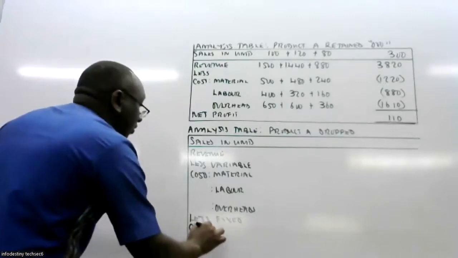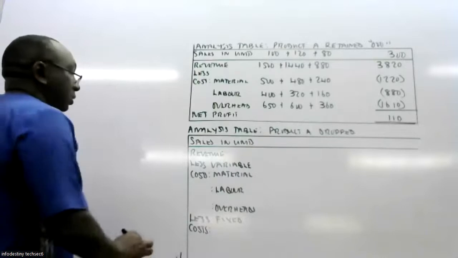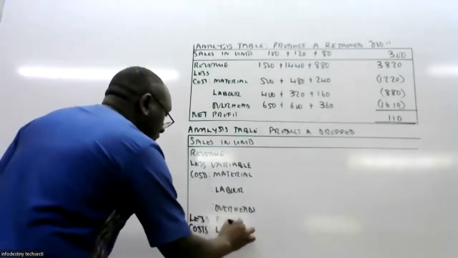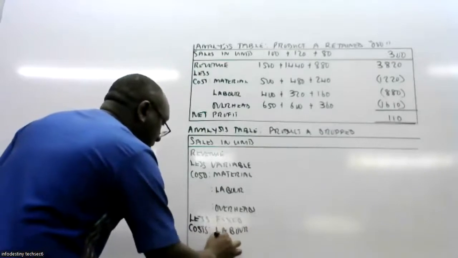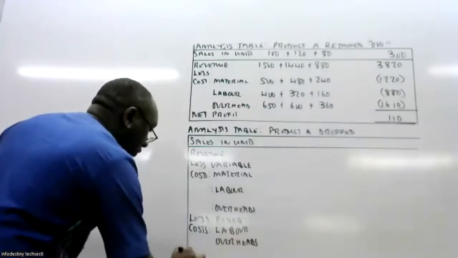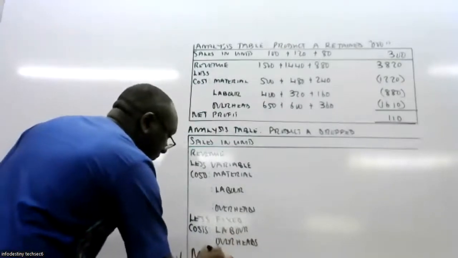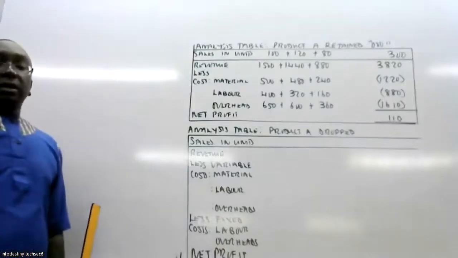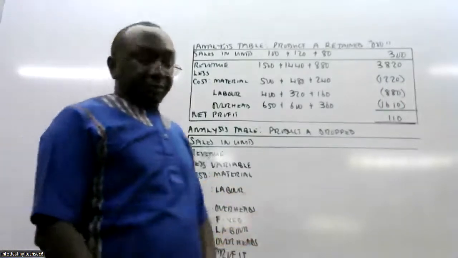So the fixed costs, kuna labor na kuna overheads. Alafu tutakuwa na net profit.